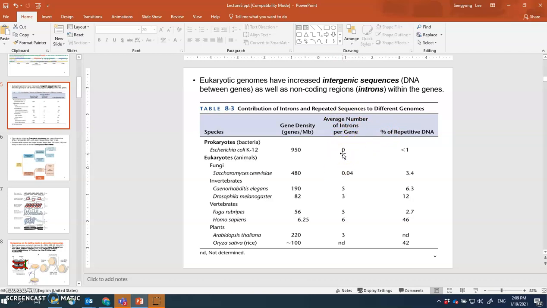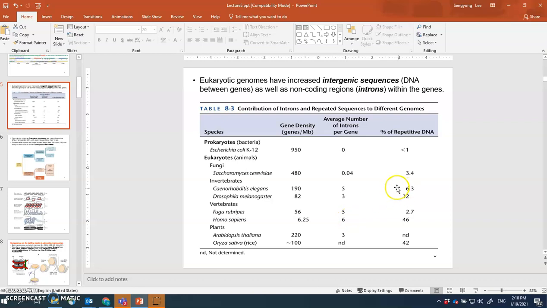But on the other side, in eukaryotic cells, fungi, all the way up to plants and vertebrates, including human, gene density is much lower, and there are a lot more introns found within a single gene.